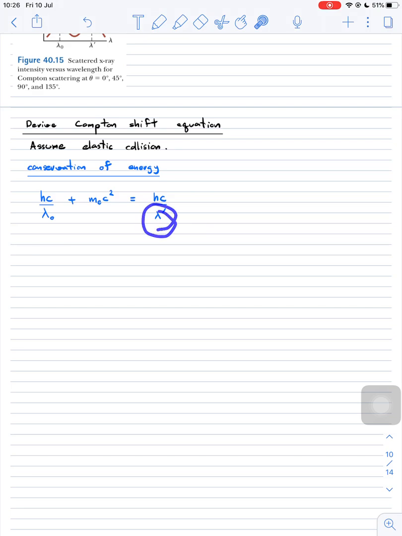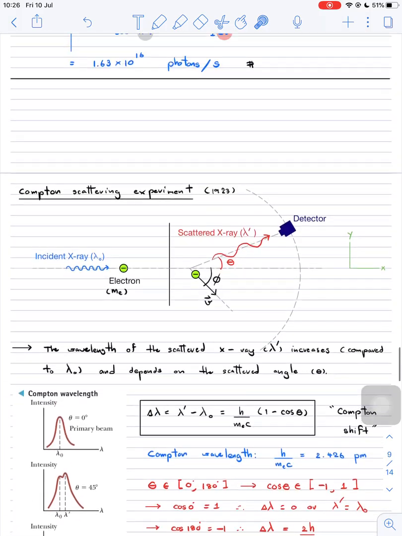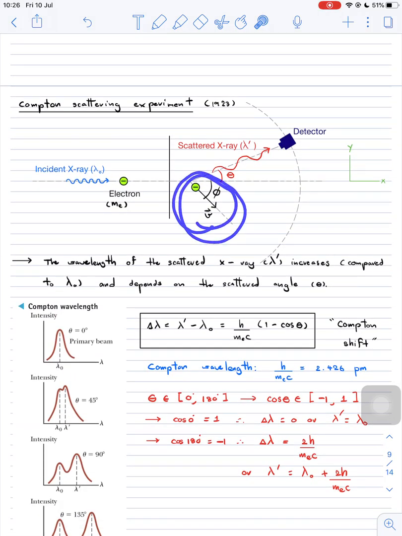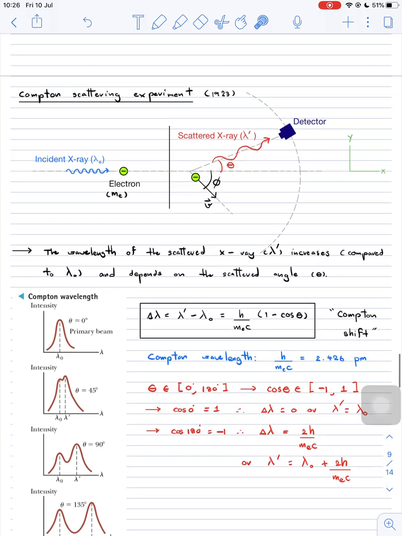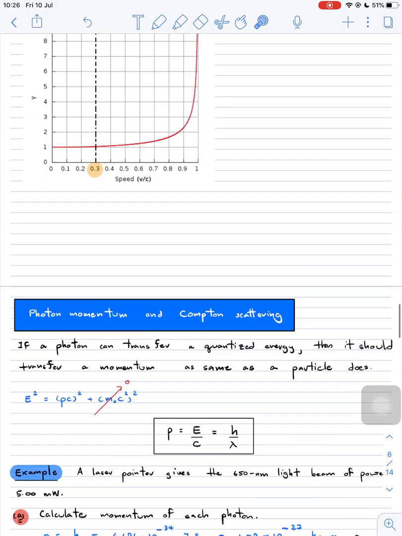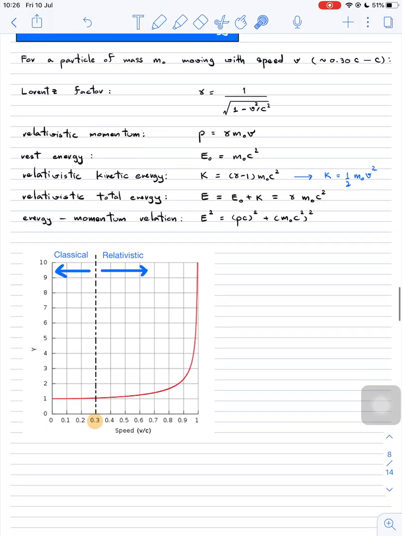Don't forget that the scattered X-ray has wavelength lambda prime, and then plus the total energy of this electron. But the electron has motion, so we need to combine the relativistic kinetic energy and the rest energy of the electron. Actually we have this one already, it is this equation.